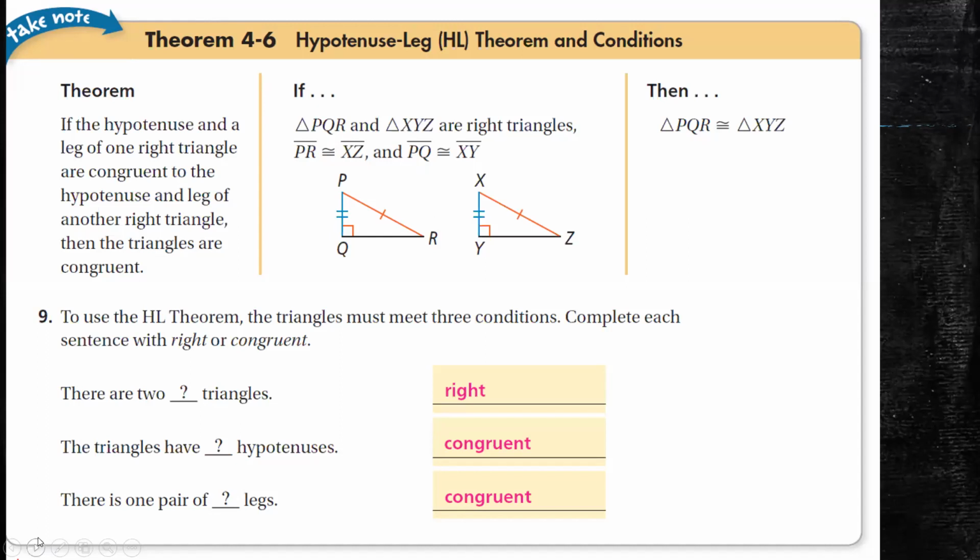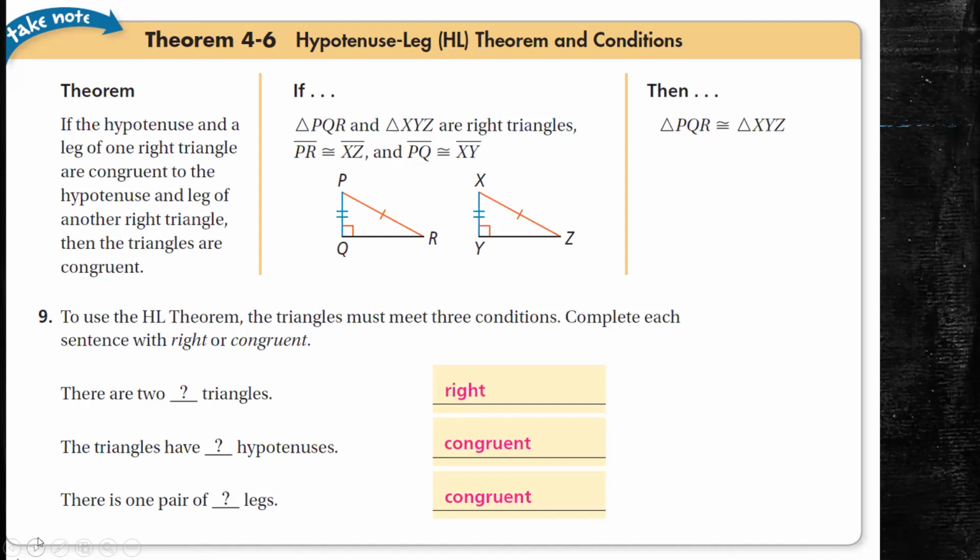If the hypotenuse and a leg of one right triangle, look at the first 2 lines here, it must be the hypotenuse and the leg in a right triangle. So this theorem can only be used in a right triangle: if the hypotenuses are congruent and if the legs are congruent, then these 2 triangles are congruent.